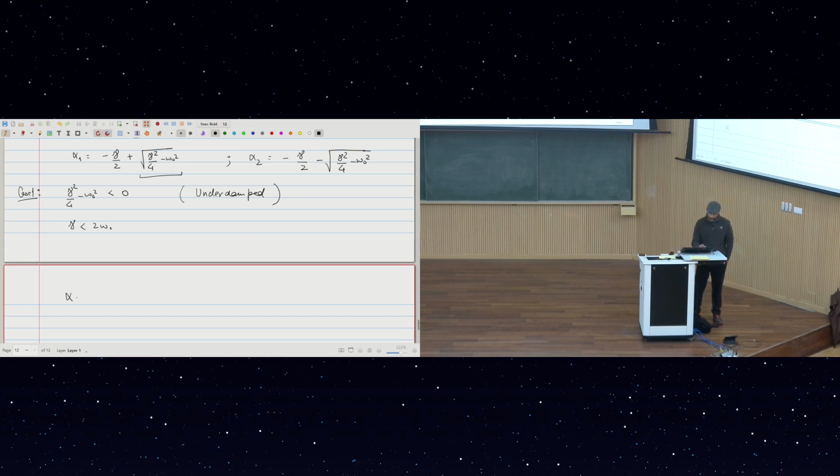In this case, our roots become, so alphas become, we'll try to take the I out, and this time we'll write a positive quantity inside the square root.